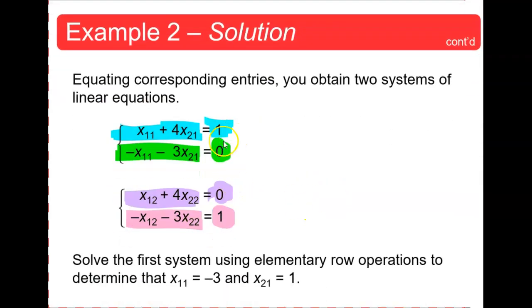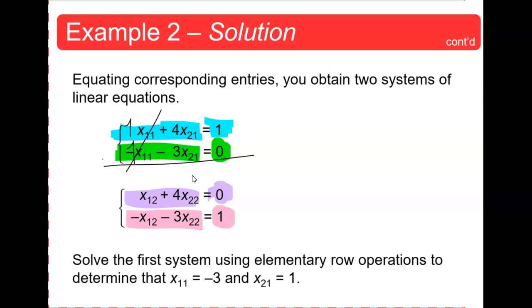So now with these two systems of equations, we're going to solve them. I'm going to use elimination for the first system. So here I can cancel those two out because they have opposite coefficients, 1 and negative 1. And we have to group them so that they have the same variables.